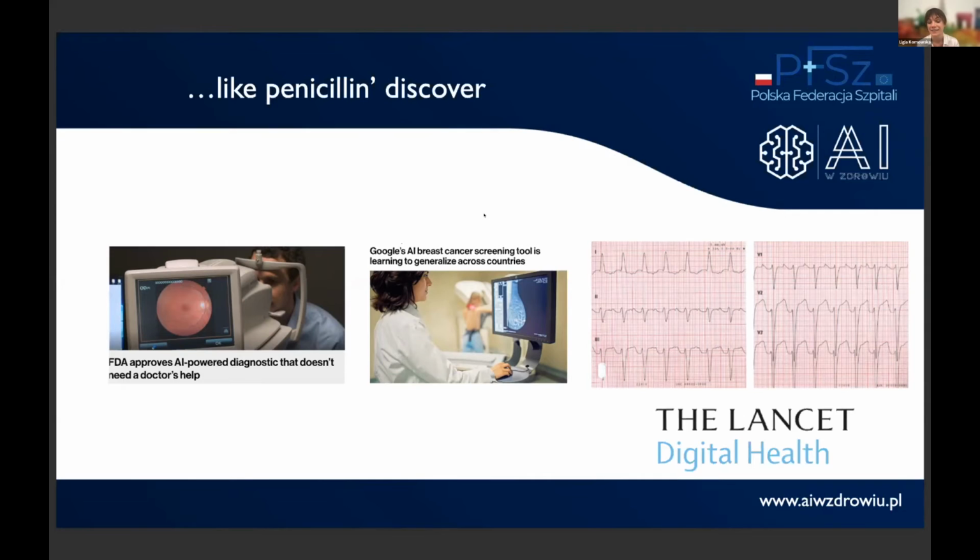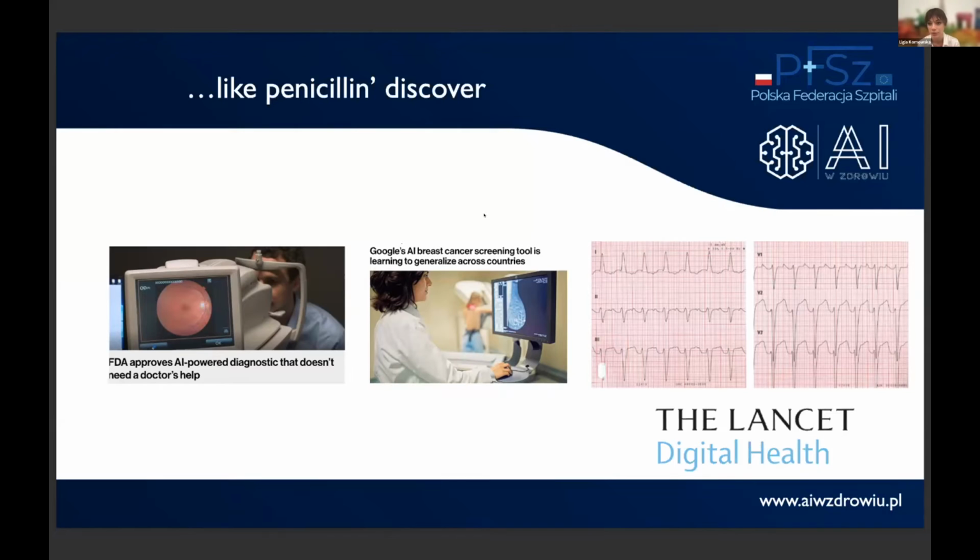And there is a great newspaper about digital health, The Lancet Digital Health, and I read there that, for example, they developed an AI algorithm that could actually diagnose anemia, that a patient has anemia, only based on ECG records.